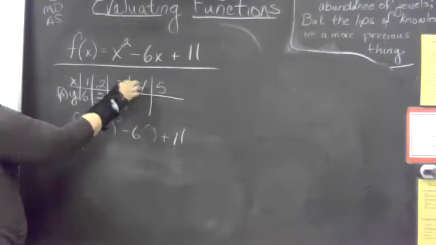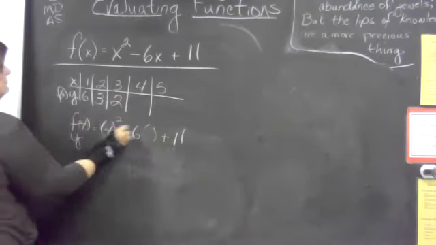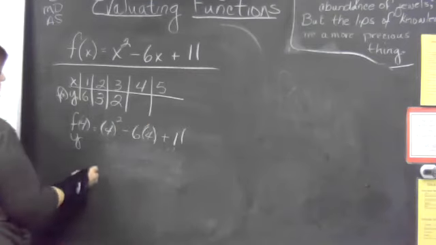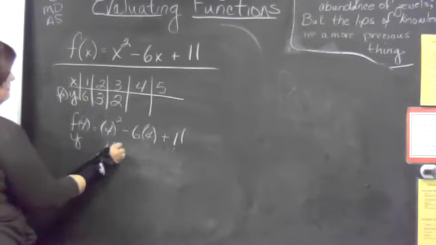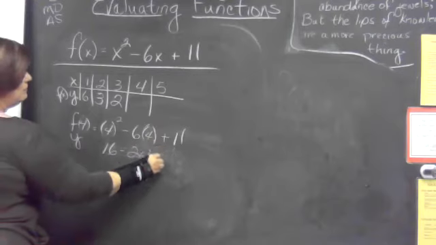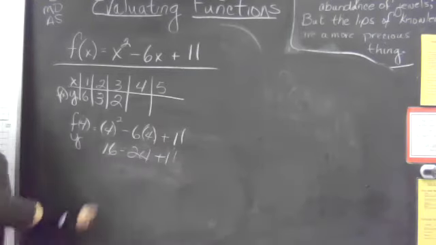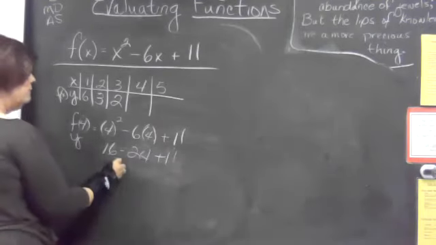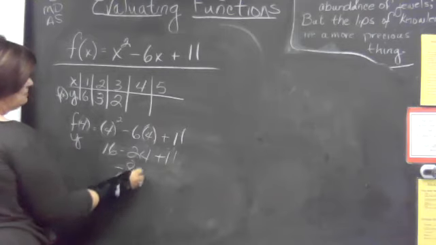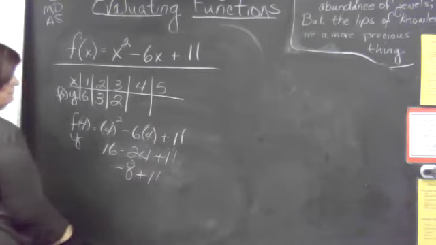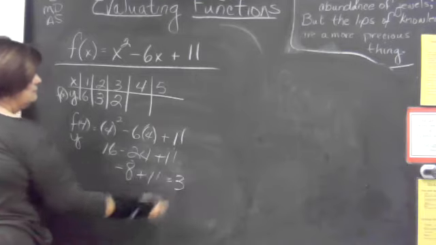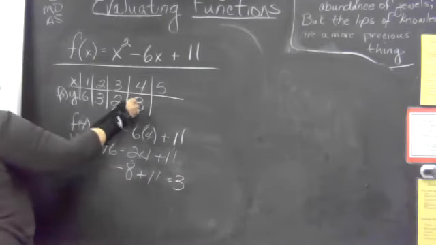I want to find f of 4 now. So I have 16 minus 24 plus 11. 16 minus 24 is negative 8 plus 11 equals 3.